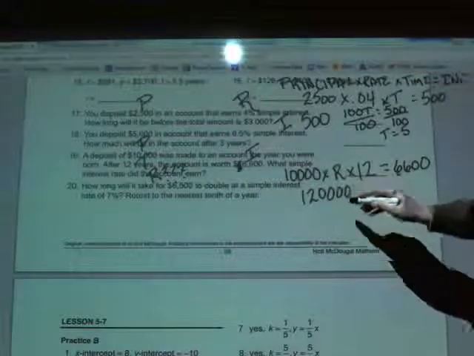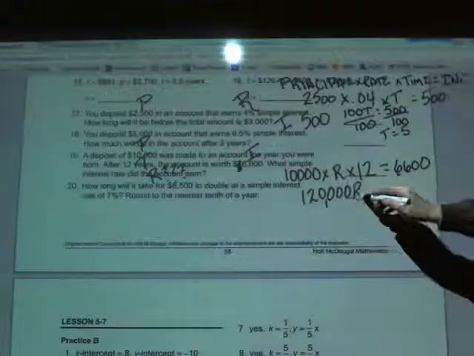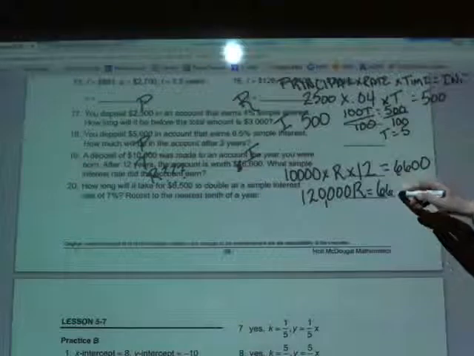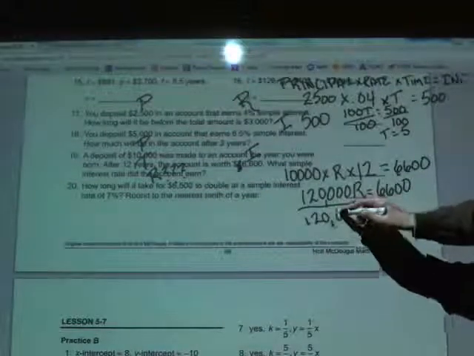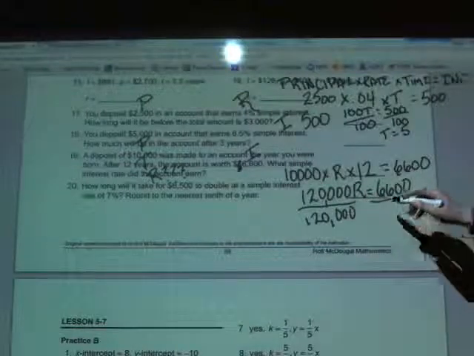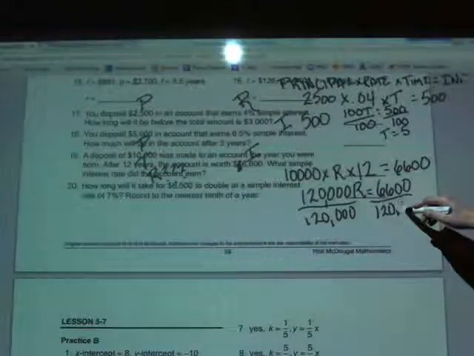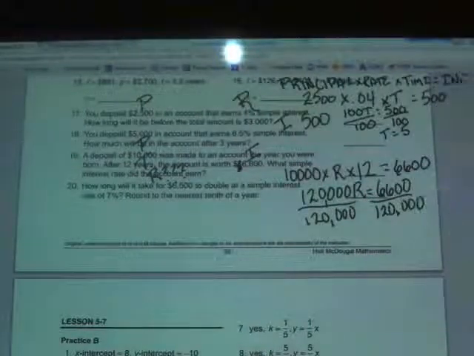And that's 120,000 R's equal to 6,600. Solve the multiplication equation by dividing. Remember, when we solve equations, we do the opposite. We spent a lot of time talking about that in Chapter 12. And when I find R here, I'm going to do 6,600 divided by 120,000. And the result there is 0.055.